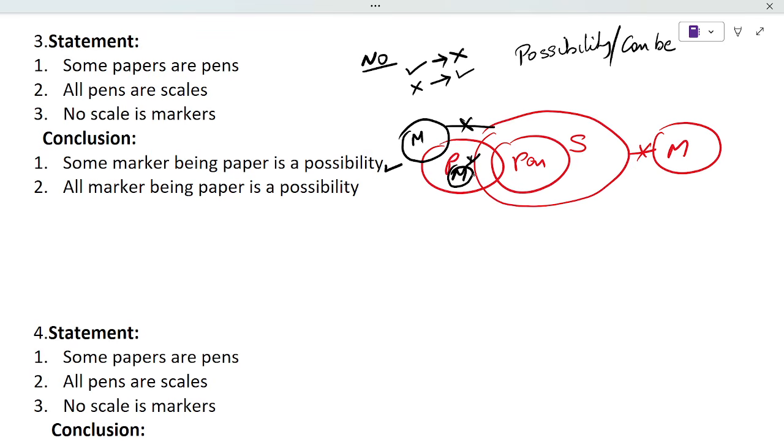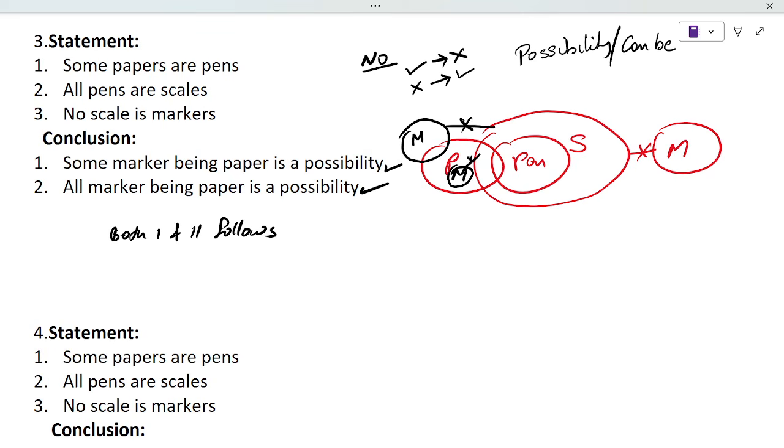Even if they do not touch, we are not violating the statement. So marker can go under paper, and the answer is true. In this case, both 1 and 2 follow, so tick the option.